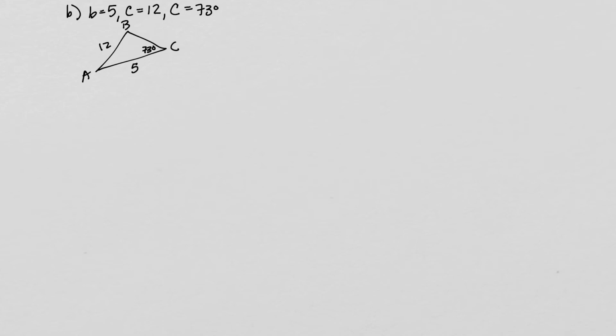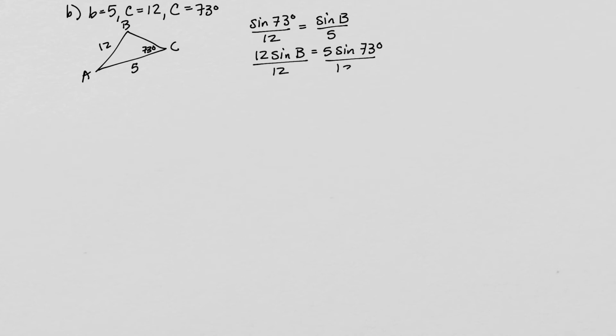So again, if I use the law of sines, I know the sine of 73 degrees over 12 has to be equal to the sine of big B over 5. So if I cross multiply, 12 sine big B equals 5 sine 73 degrees. Divide both sides by 12.